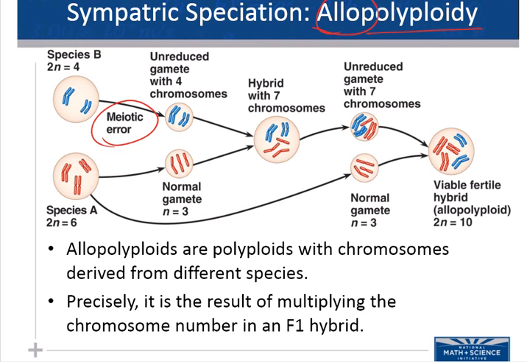And so this is the same result in the end. We end up with offspring that have a different number of chromosomes from the parents, and as a result, this offspring, when it produces sex cells after it matures, it will not be able to mate with other members of either population. So we've produced a new species, again, in a single generation, and in the same physical location.